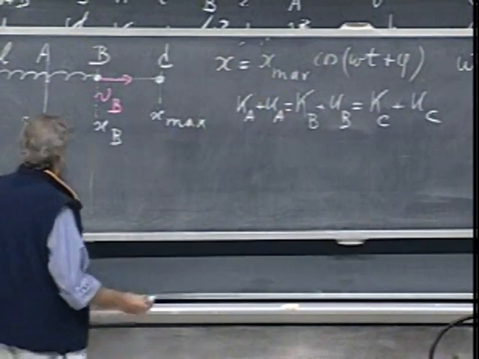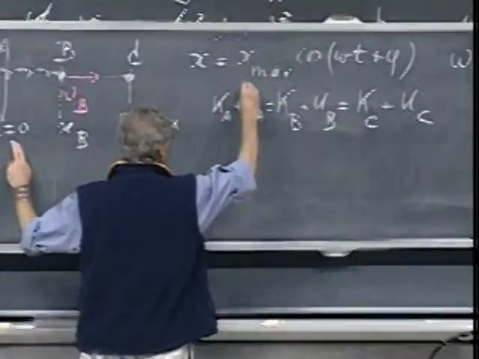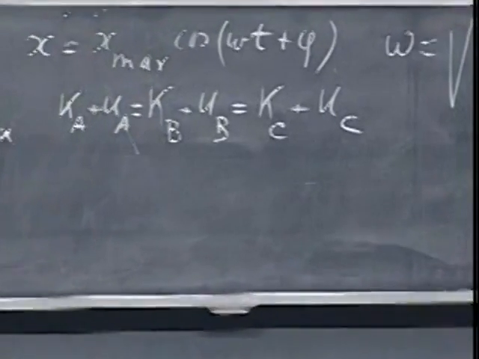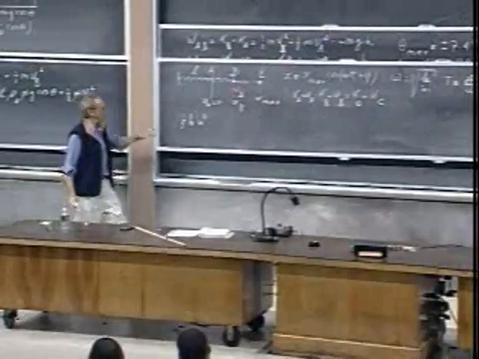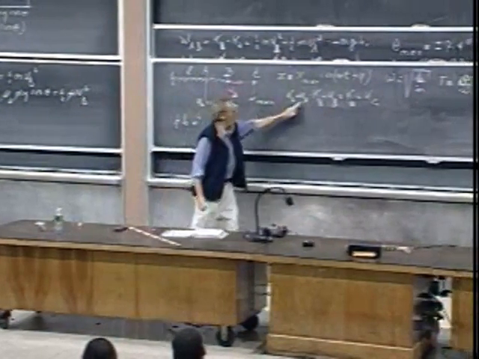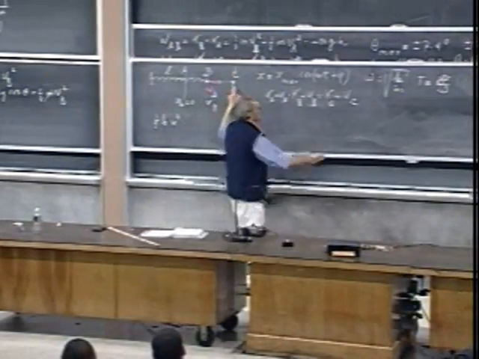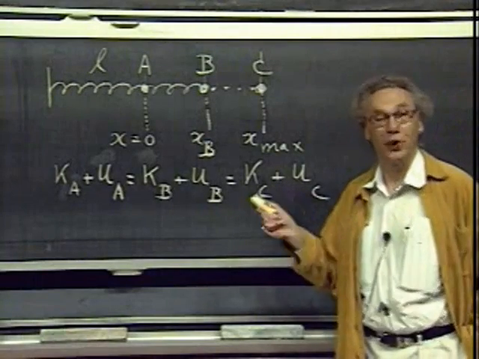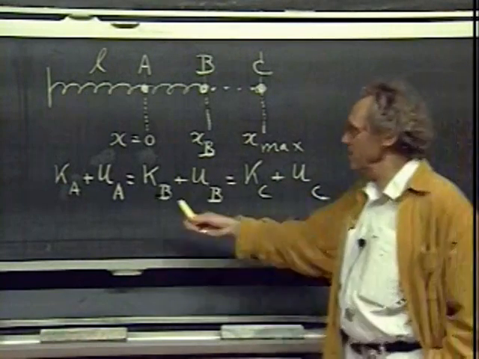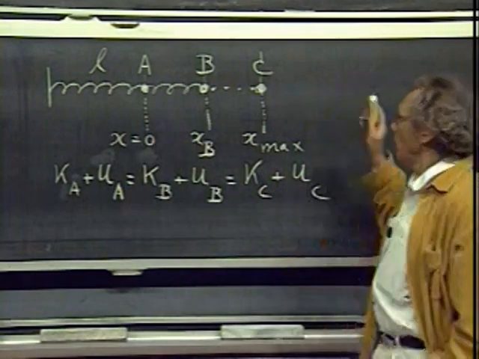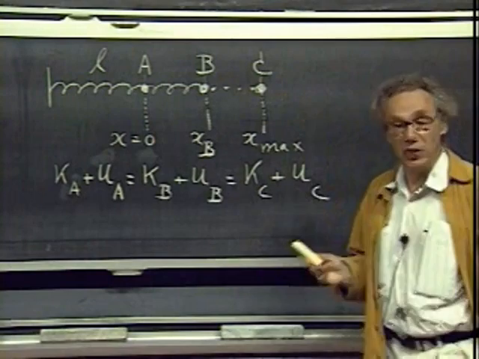Well, the potential energy at A is 0, because remember, the potential energy of a spring is 1/2 k x squared, where x is the displacement from its relaxed position. So this is 0. When it comes to a halt here, this is 0. When I watched this lecture, I noticed a slip of the tongue. Clearly, the potential energy at A is 0. That's fine. But at C, the object is standing still.